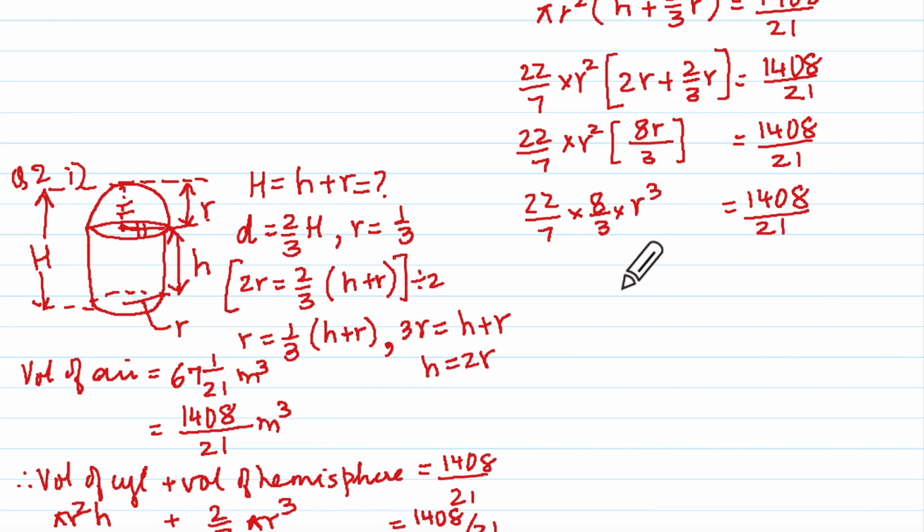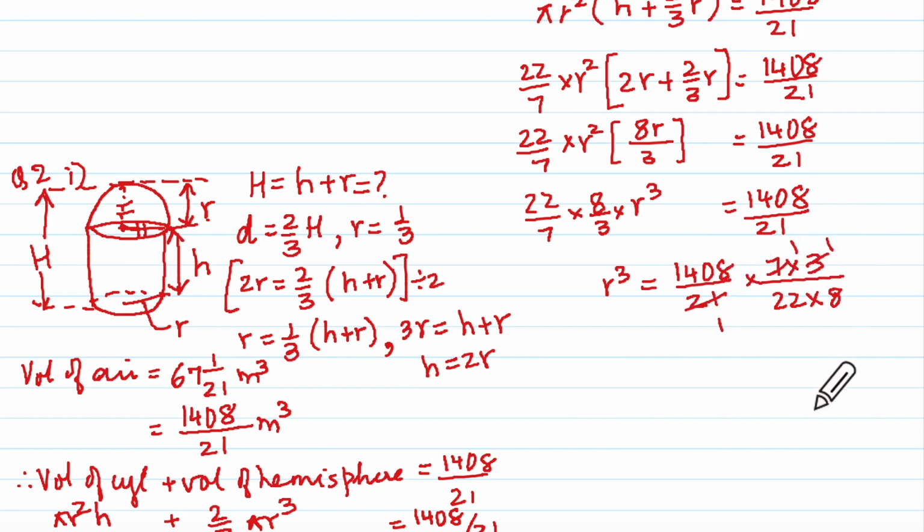Okay. So r cube will be equal to 1408 upon 21 into 7 into 3 and upon 22 into 8. Can you see 7 3s 21? So I'm just cancelling like this, okay? And 11 times we will divide, better that way.